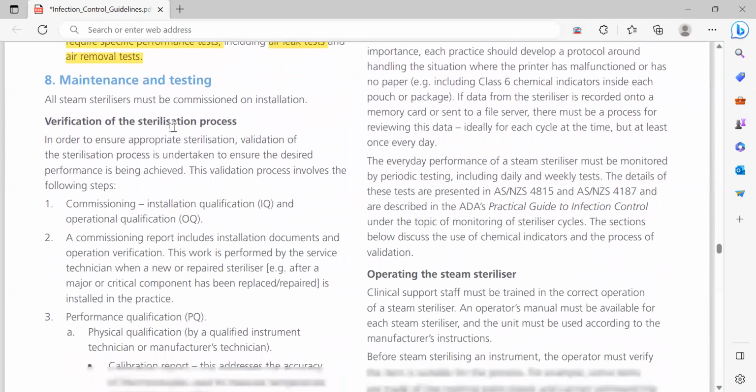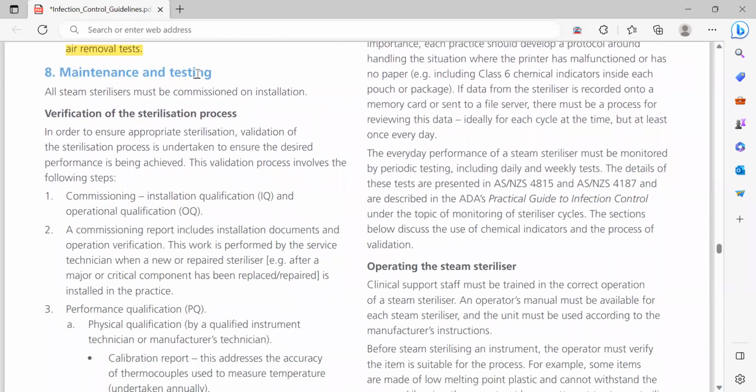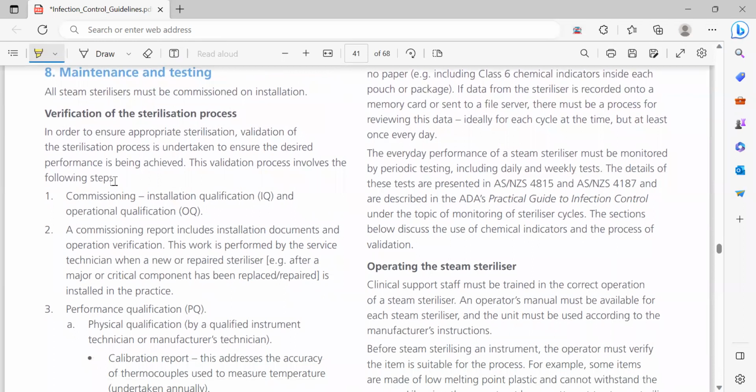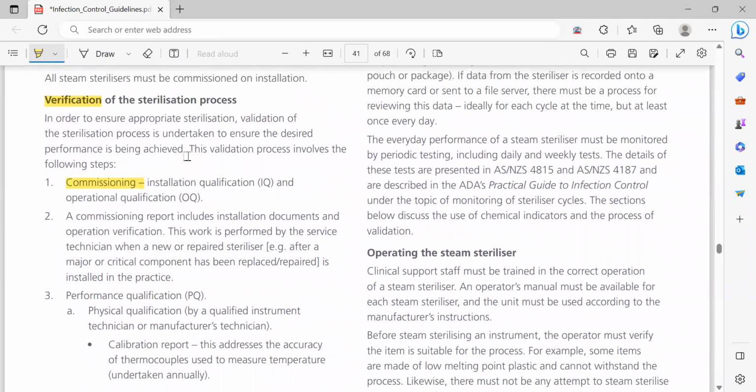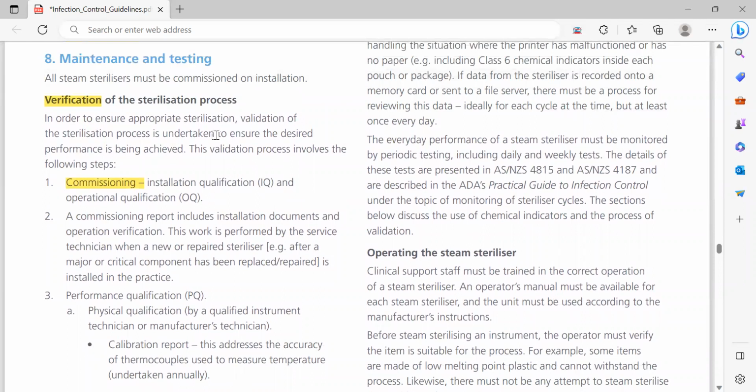Then how you can maintain and regularly test your sterilizer. There are certain factors for the verification, like the commissioning. The commissioning report should include the installation documents. Your sterilizer should be continuously re-evaluated, and its performance should be checked continuously.